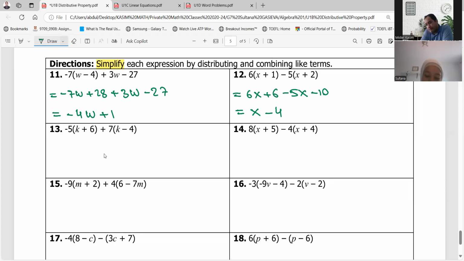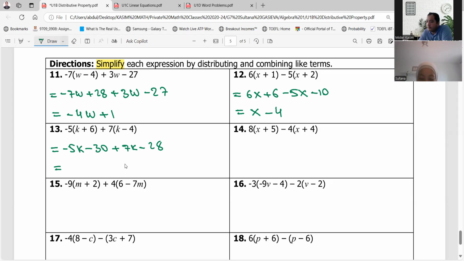Okay, so I first did negative 5K minus 30. Negative 5 times 6 is negative 30. And then plus 7K minus 28. Then negative 5K plus 7K is 2K.